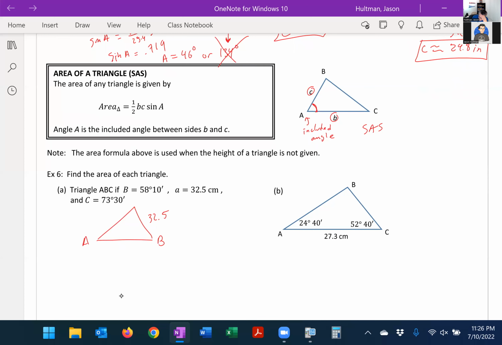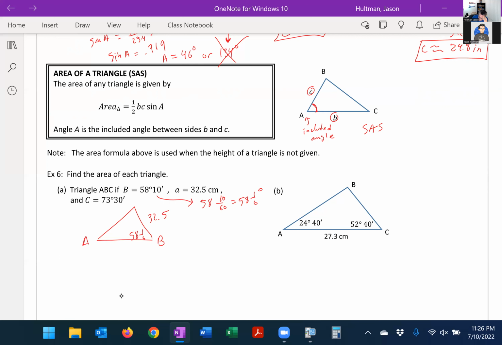We'll call this angle B, which is 58 degrees, 10 minutes. I could really write this as 58 and 10 over 60, or 58 and 1/6 degrees. I'm going to leave it like that. That's angle B, 58 and 1/6 degrees.